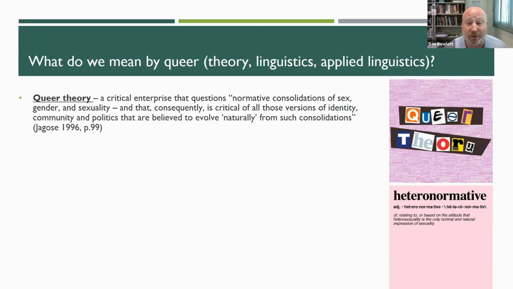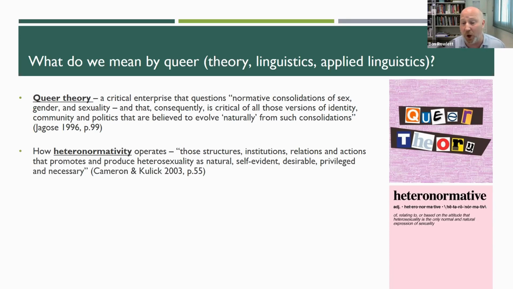And the word was later wed to the more respectable word theory, developing, of course, in the academic world into a critical enterprise that, as Jagose says, questions normative consolidations of sex, gender, and sexuality, and that consequently is critical of all those versions of identity, community, and politics that are believed to evolve naturally from such consolidations.